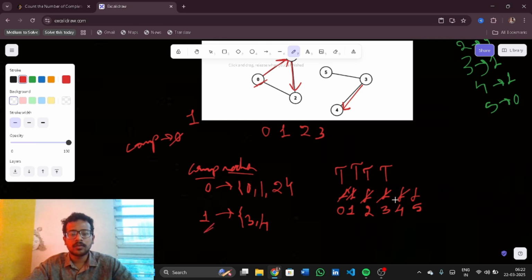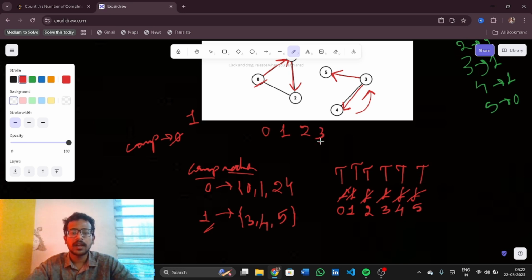Now 4 is also made true. After that I return back from 4, and then I go through 5. For 5 I push it back into component 1. Now 5 is also marked as true.